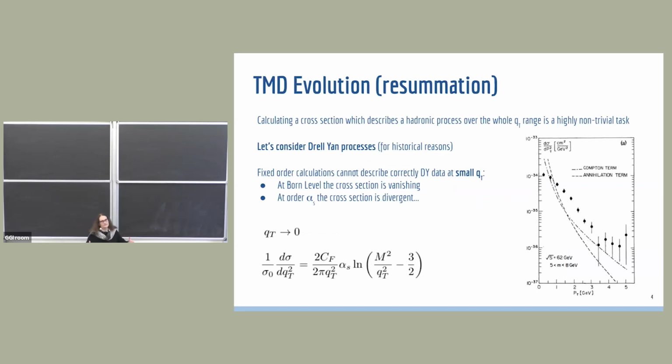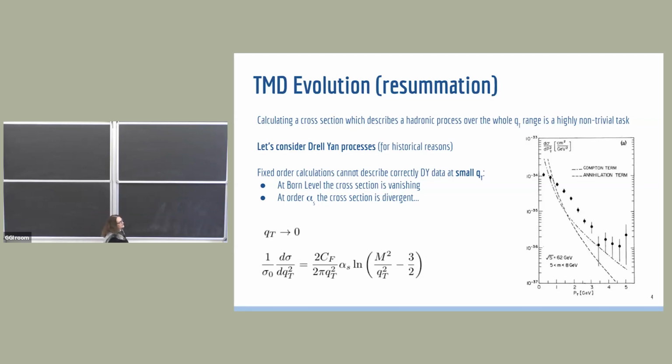So you take your perturbative QCD, you decide at what order you want to truncate your perturbative expansion, and you do your computation. And then you compare your computation with the experimental data, and you see that your computation doesn't do too badly when PT, this is the momentum, what we usually nowadays call QT, is the transverse momentum of the photon in a Drell-Yan process.